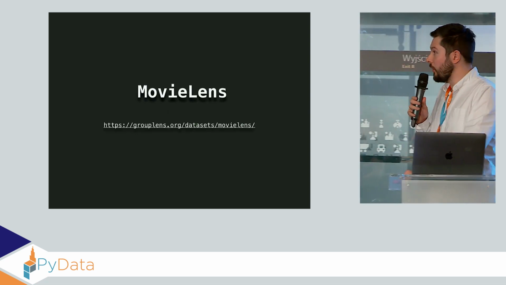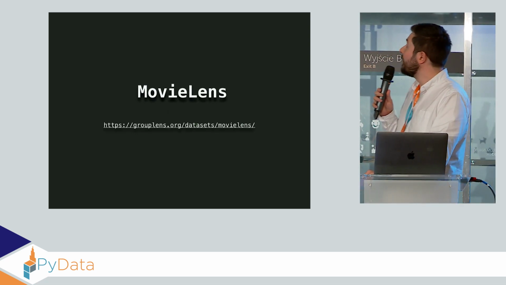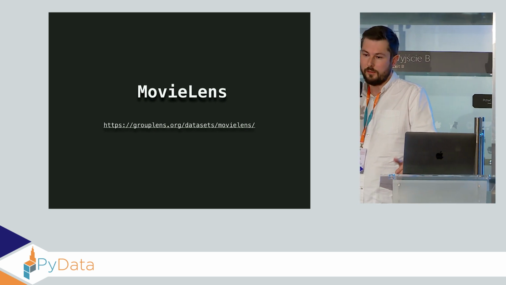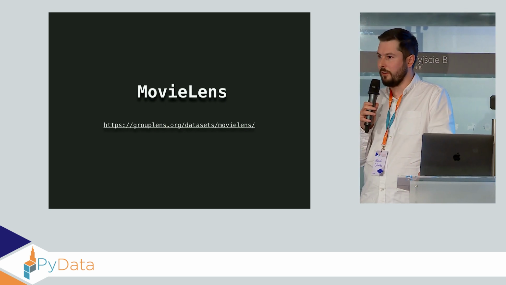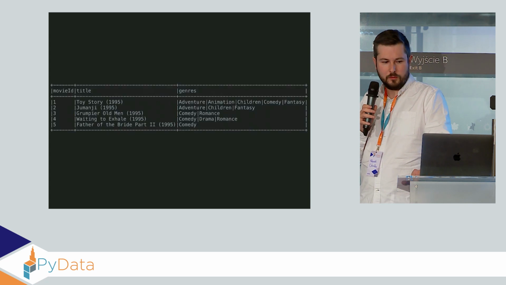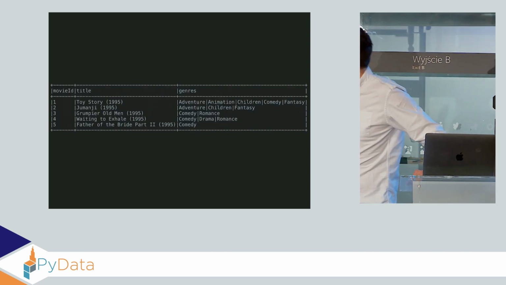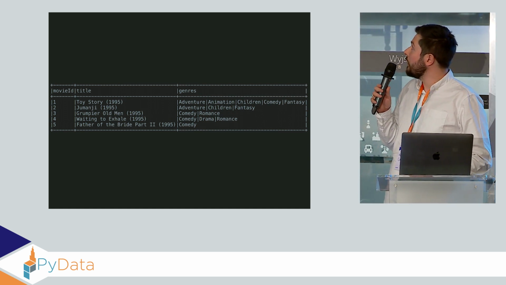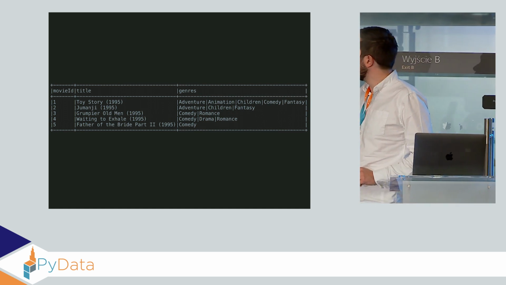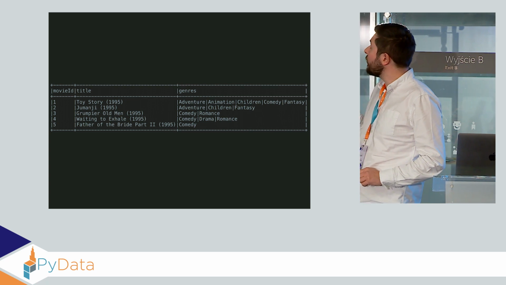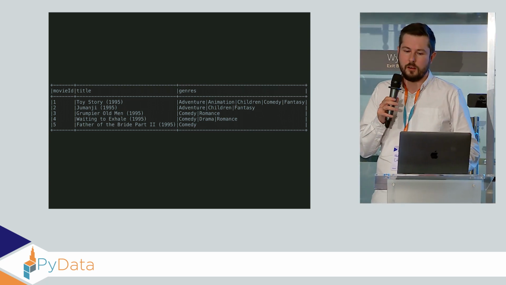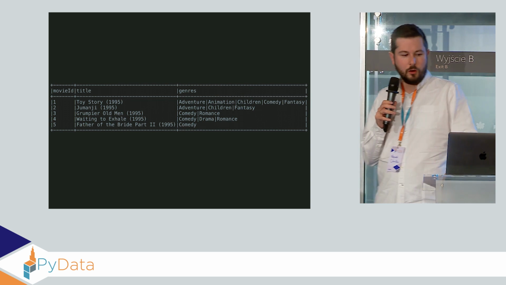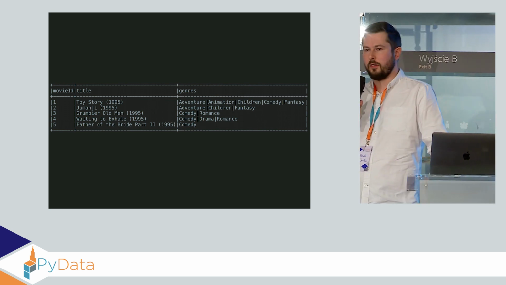In the jobs that I'm going to show here, I've used the MovieLens dataset, which has data about movies and their ratings. Here we have the head of the movies file, and there are two things I would like to point out. The first is that the title column contains both title and year, and the second is that the genre column contains pipe-separated lists.